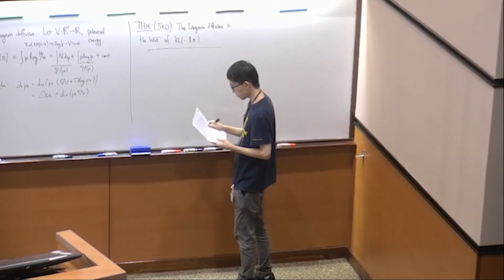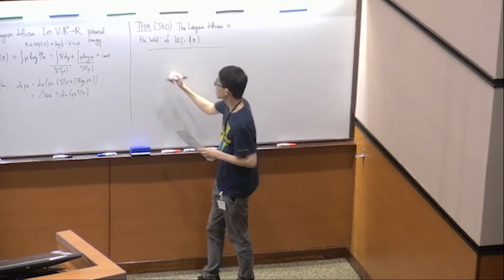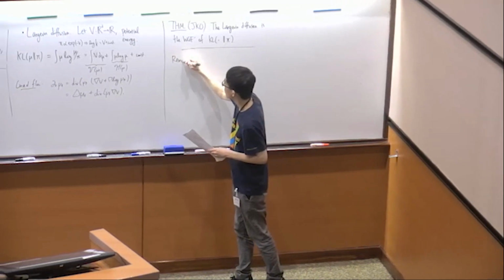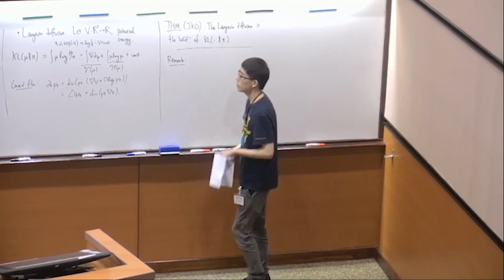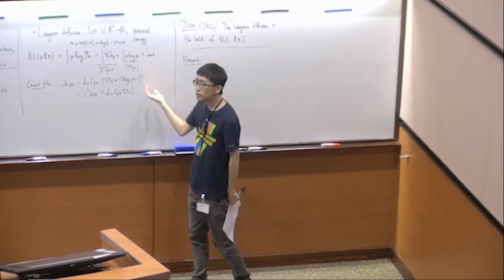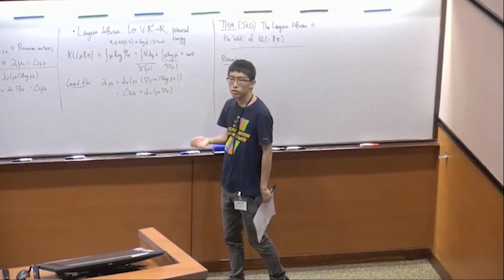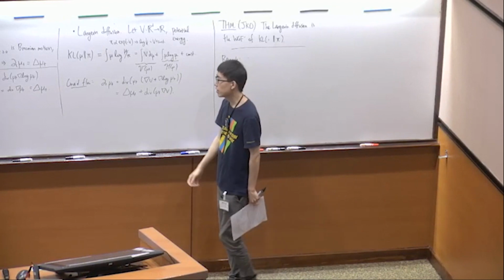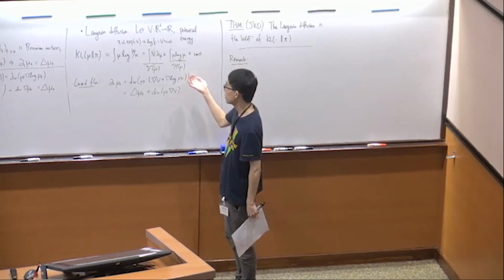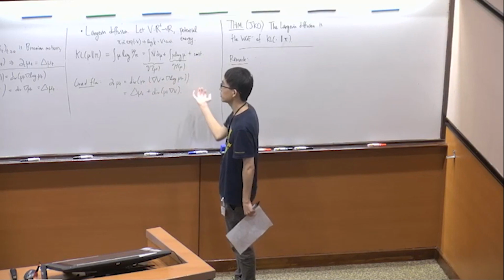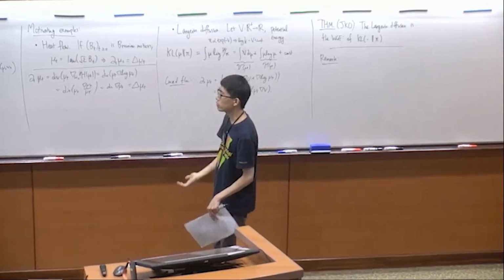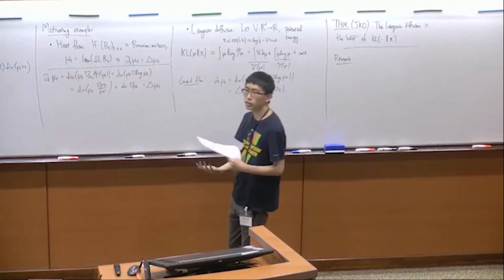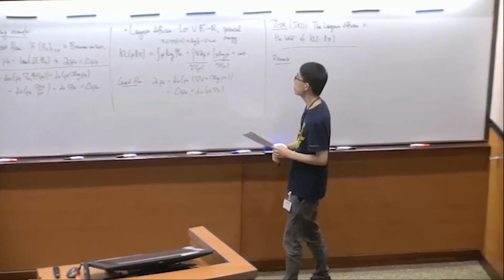Let me also remark, elaborating on something I said earlier. For the Langevin diffusion, we start off with a stochastic differential equation, a stochastic process. We looked at its marginal law, and then we said the marginal law is this Wasserstein gradient flow. I also told you that every Wasserstein gradient flow can be interpreted as a deterministic particle evolution.